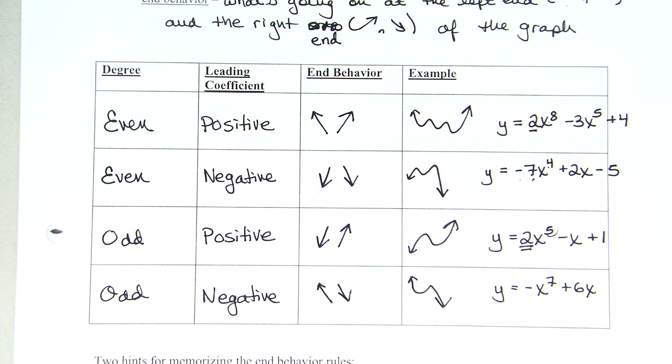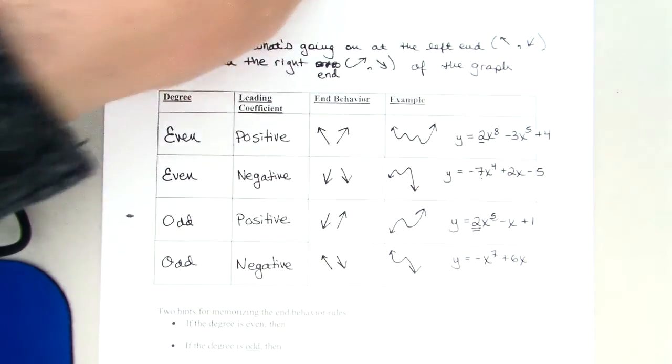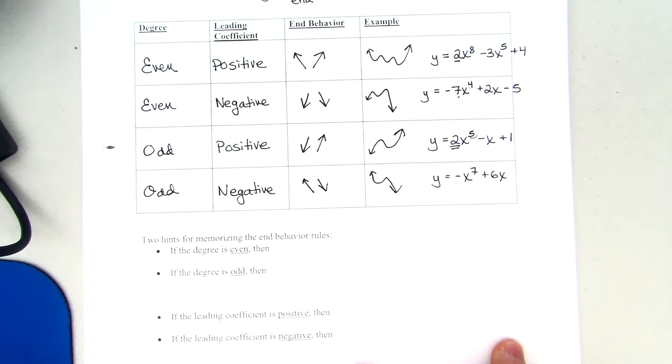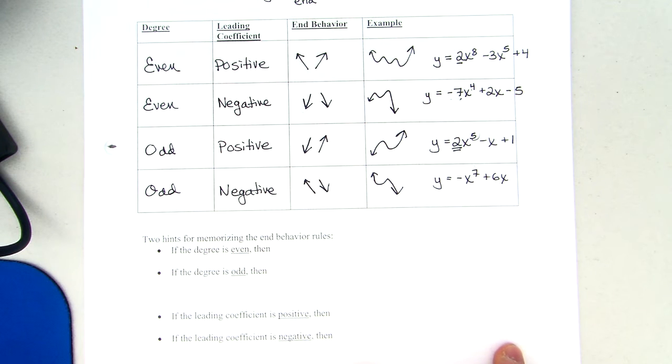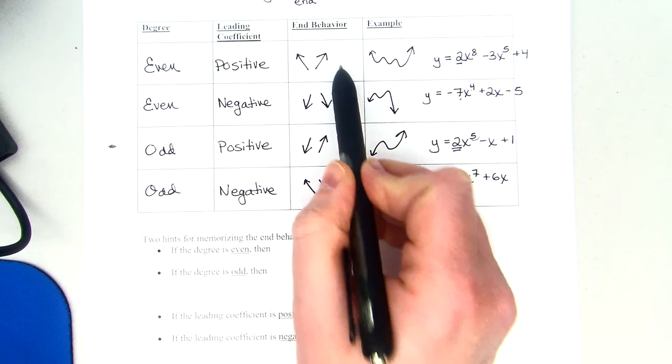But let me give you a couple hints for memorizing these things. It can kind of get us away from actually memorizing line for line in this chart, but really just generalizing a couple rules. First of all, if the degree is even, both arrows are going in the same direction, either both up or both down.